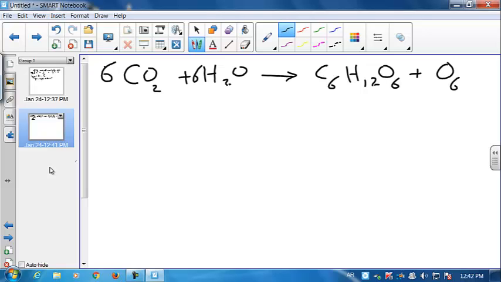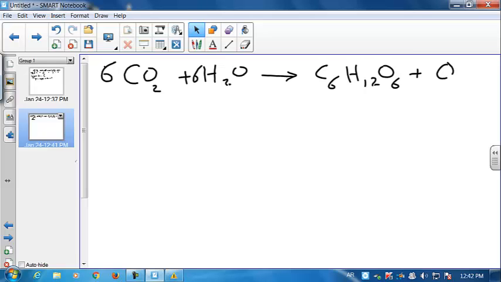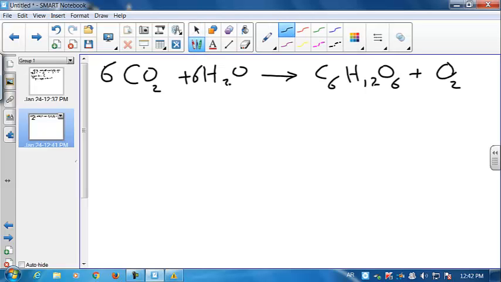You already have 6 in the sugar, so you need 12 more. This is oxygen 2, so you multiply this by 6. Now the equation is balanced. This is the first step.